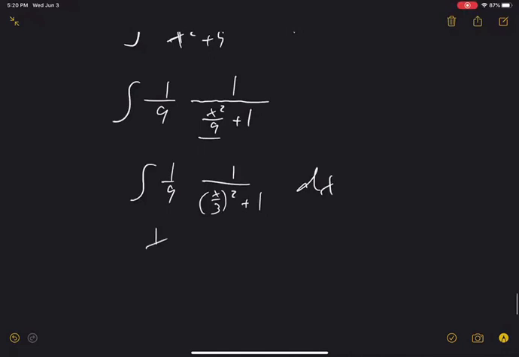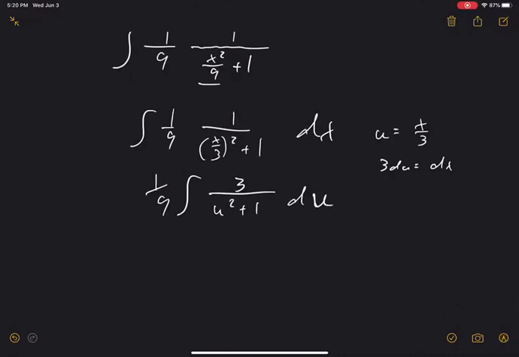Okay, I pull out the 1 over 9 from the integral. I do a u substitution. u equals x over 3. And then 3 du equals dx. Okay, and then I pull out that 3.